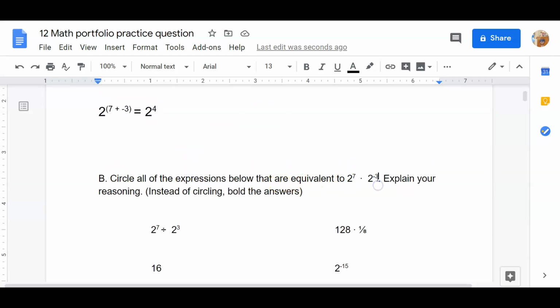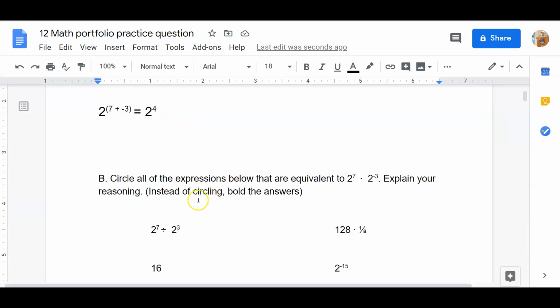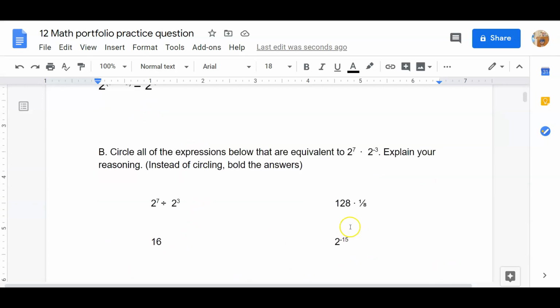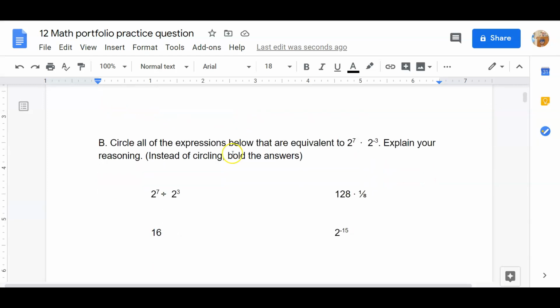But you also know that this right here would be equivalent of 2 to the fourth power. So the first step that I would do is seeing which one of these expressions are equivalent to 2 to the fourth power, because I already figured this one out. So I combined them to make 2 to the fourth power. So the first one reads 2 to the seventh power divided by 2 to the third power.